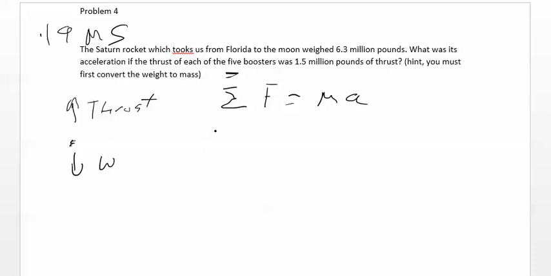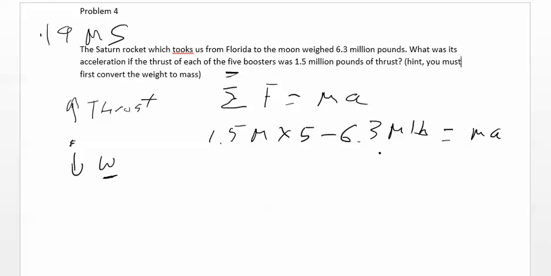So I say 1.5 million times 5. Now is that the only force there? No, we've got the weight that's pulling down, so we minus that, 6.3 million pounds, is going to equal mass times acceleration.